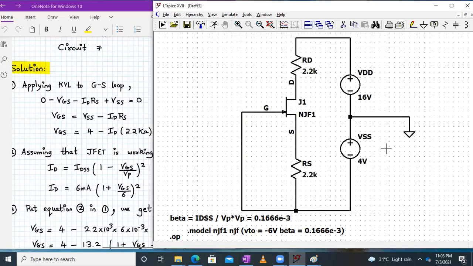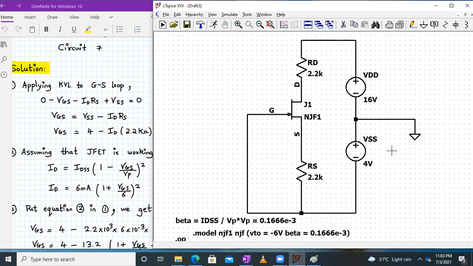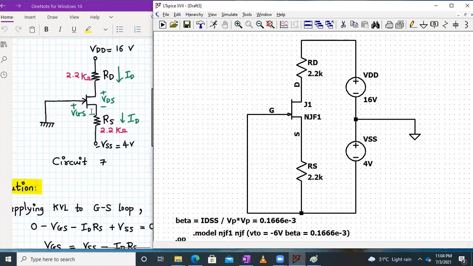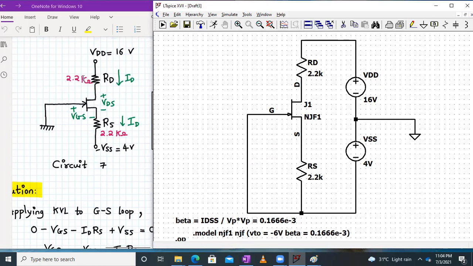Let me see if anything is missed out. RD is 2.2K, RS is 2.2K. Here it is connected to the negative supply, correct it is.